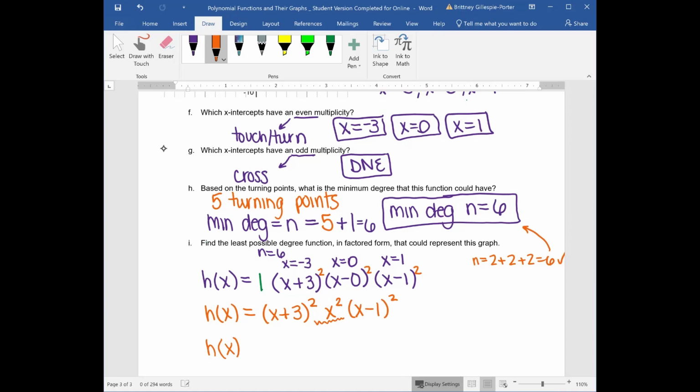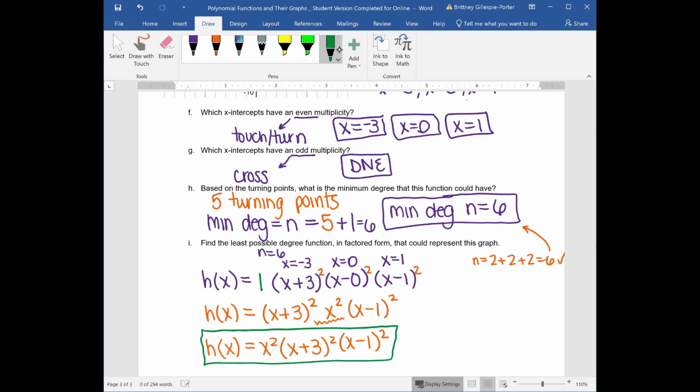So we're going to have h of x is equal to x squared times (x plus 3) squared times (x minus 1) squared. Again, if you want to write your leading coefficient of 1, you can. It's not required. And if you had the x minus 0, that is fine as well. It's just not as simplified as it could be.